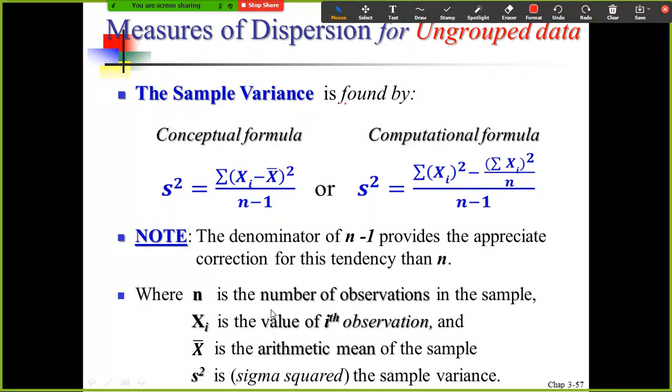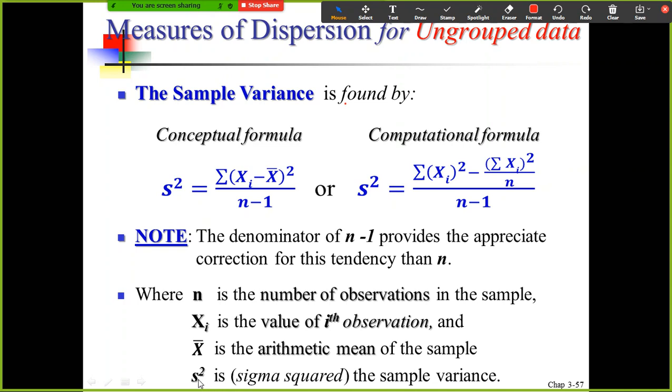Okay, what is n? n is the number of observations in our sample dataset. x is the value of each item or observation in our sample dataset. x bar, we have x bar when we use the conceptual formula, but if you use the computational formula, you don't need to find x bar.